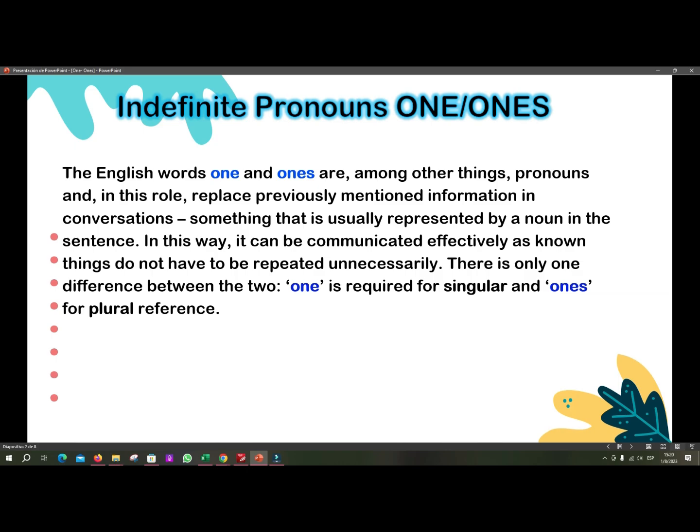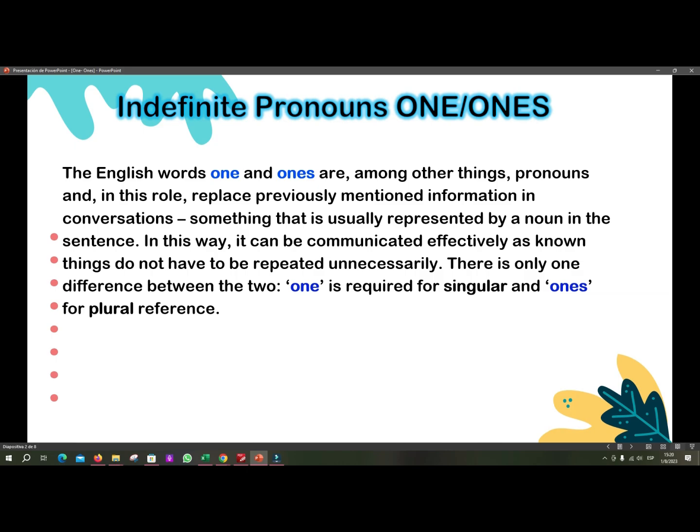So there you have the definition about the indefinite pronouns, right? Those are pronouns, and you can use them to replace what? Previously mentioned information or a noun in that case. So there you have one that is for singular nouns, and you can replace a singular noun with one, right?